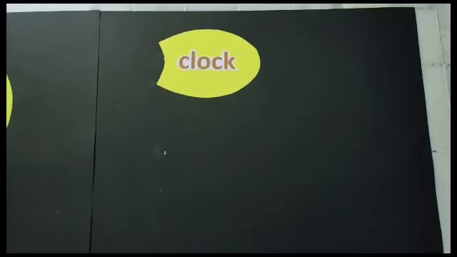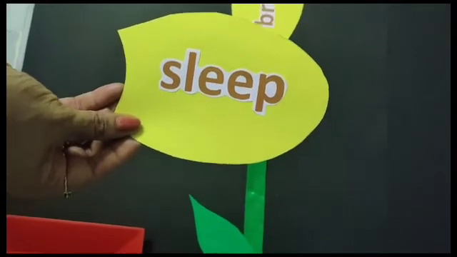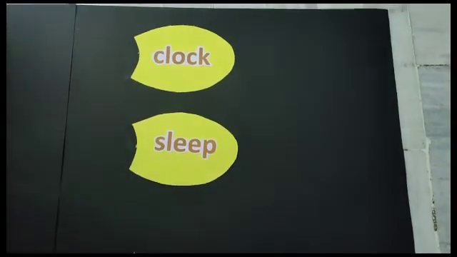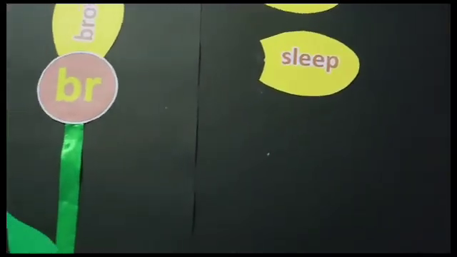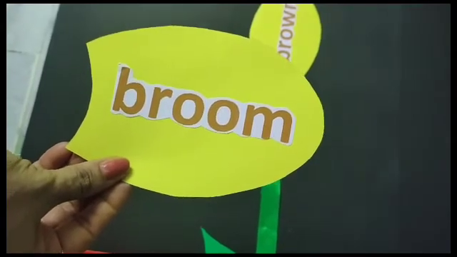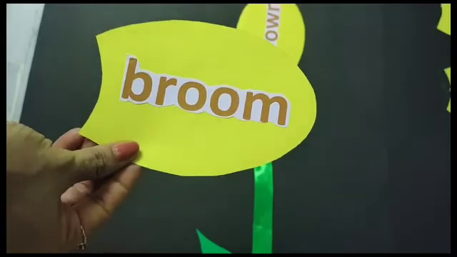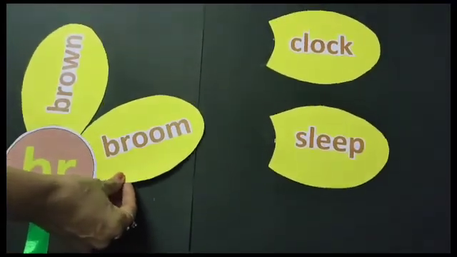Our next petal has sleep written on it. Oh, this too goes to the side as we cannot hear the br sound in sleep. Our next petal has broom written on it. Br, broom. The br sound can be heard, so it belongs to the BR flower.